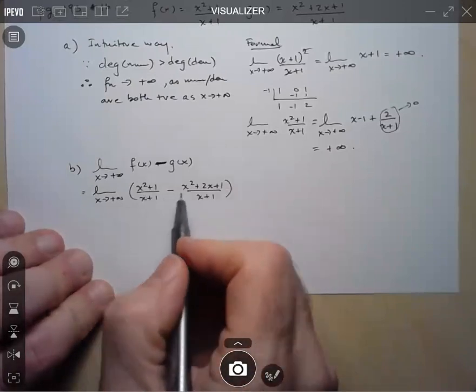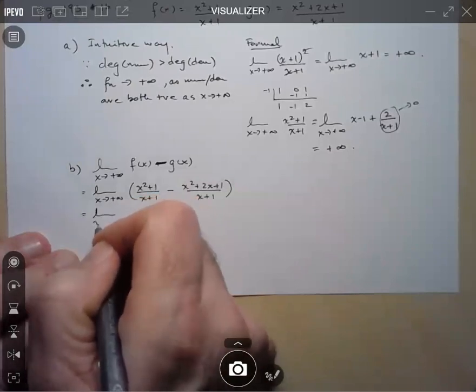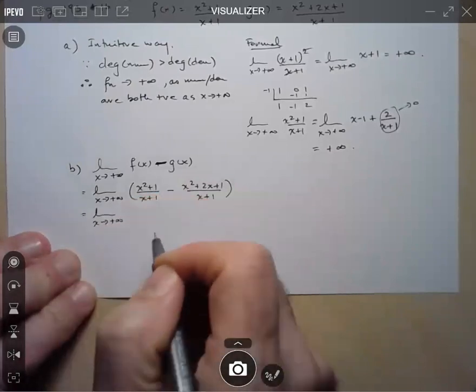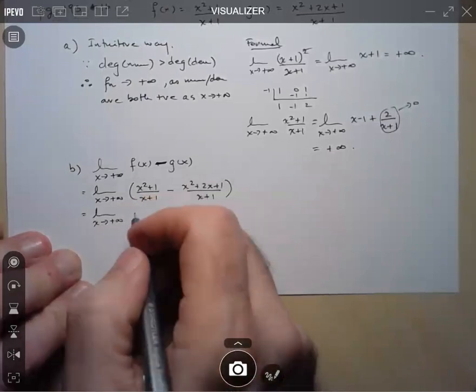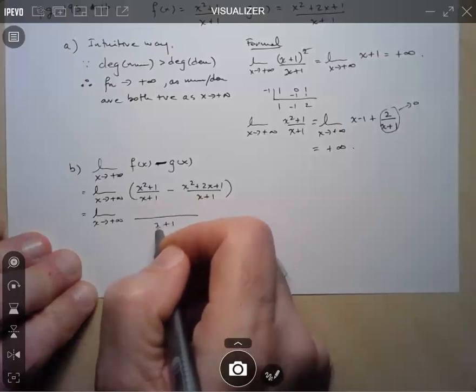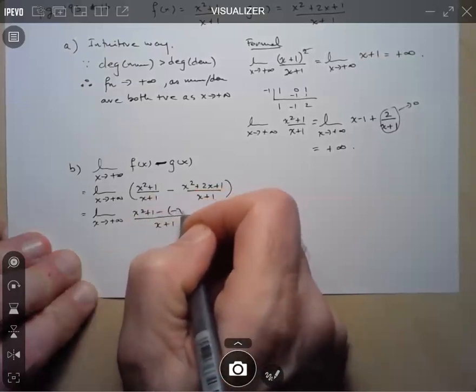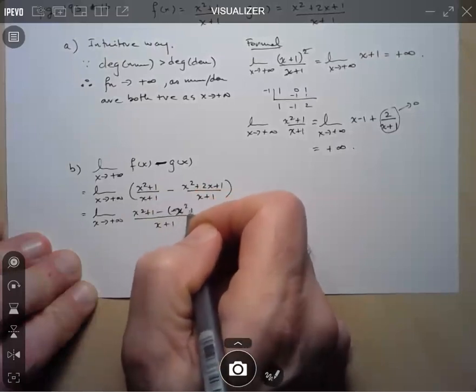We're kind of lucky because the denominators are the same. So here, this is where we have to be careful that when we bring this under a single fraction, it's x squared plus 1 minus, and make sure you're putting brackets there.